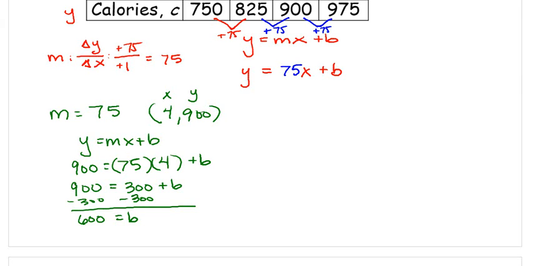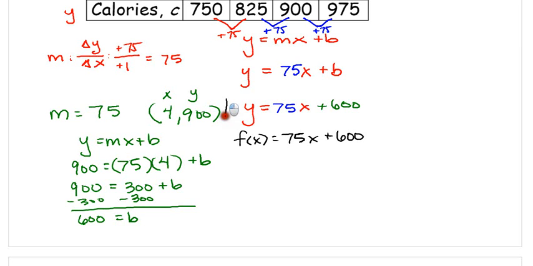That means that when I rewrite this equation, I will be writing it as y is equal to 75x plus 600, or f of x is equal to 75x plus 600.